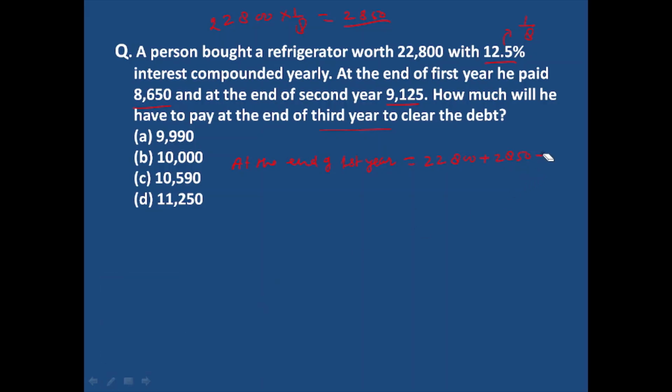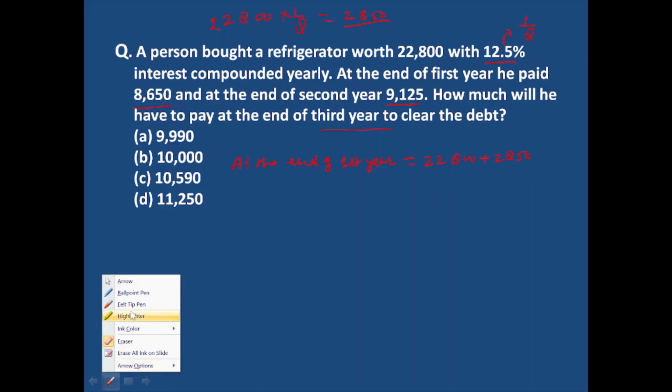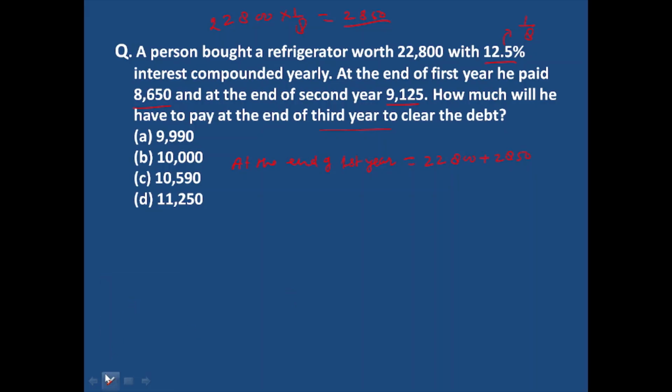This is the amount of money we have to return. But at the end of first year, how much was paid? 8,650 rupees. Then this will be deducted. So the total rest amount will be 25,650 minus 8,650.